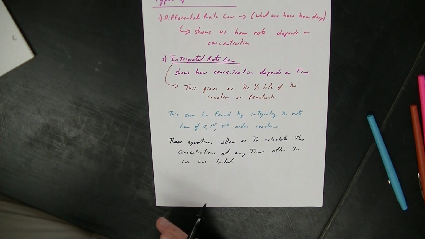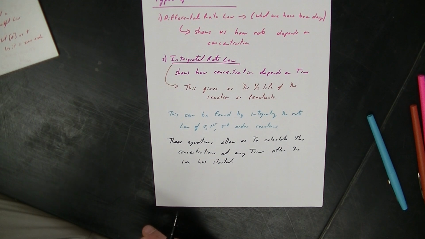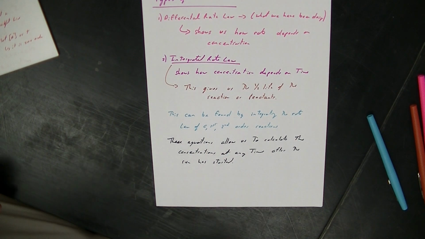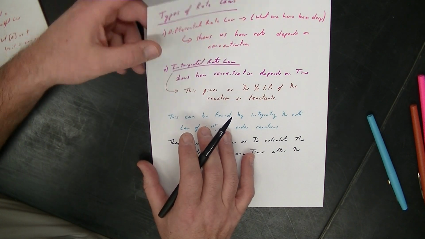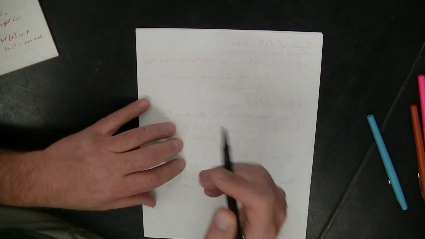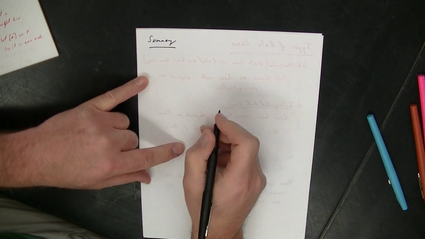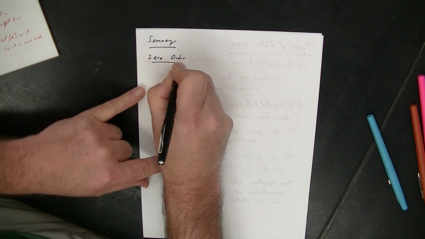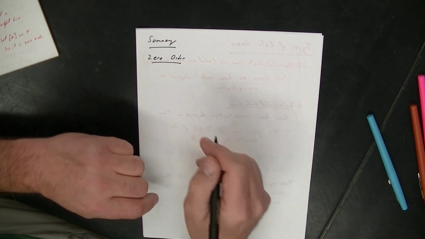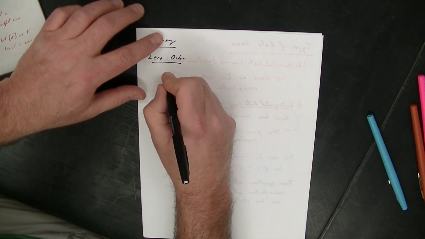Okay, so let's do a summary of the orders and their different types of rate laws, and let's start with zero order. So remember, zero order does not depend on concentration.